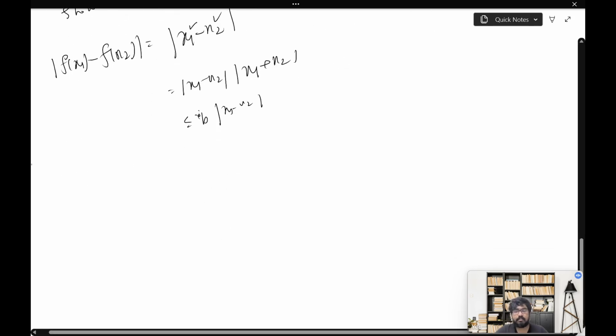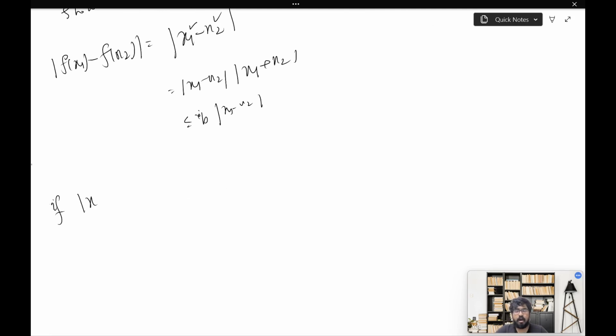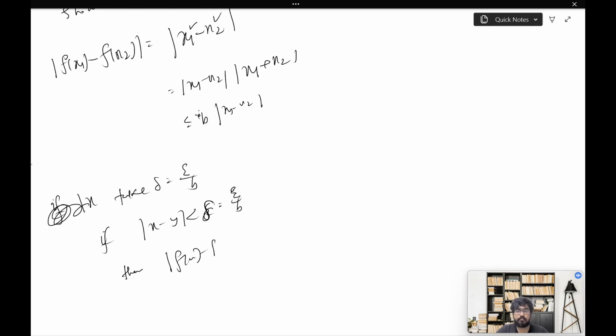So obviously, if delta equal to epsilon, I mean, if mod x1 minus x2 is less than epsilon, then mod f(x1) minus f(x2) is less than epsilon.